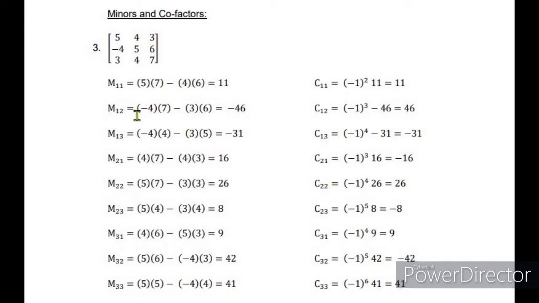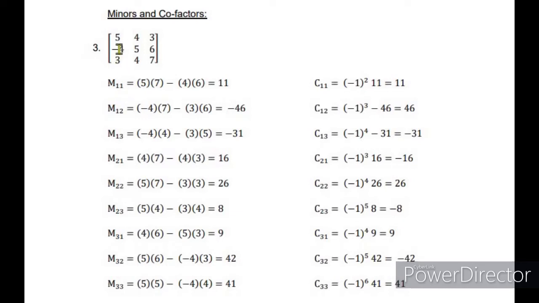First, for the minors, the first one is M sub 1,1. To get the minor M sub 1,1, we just select the element that lies on M sub 1,1. What is the element that lies in M sub 1,1?